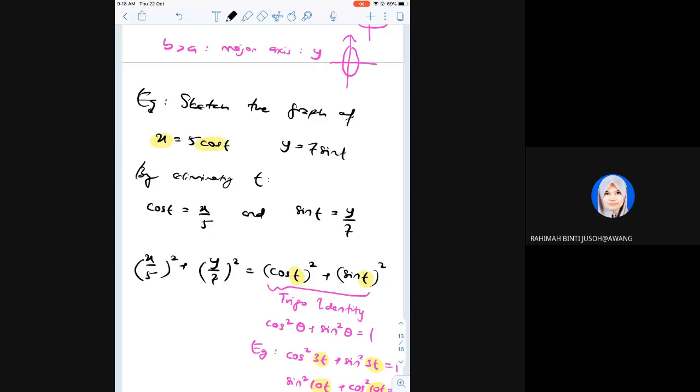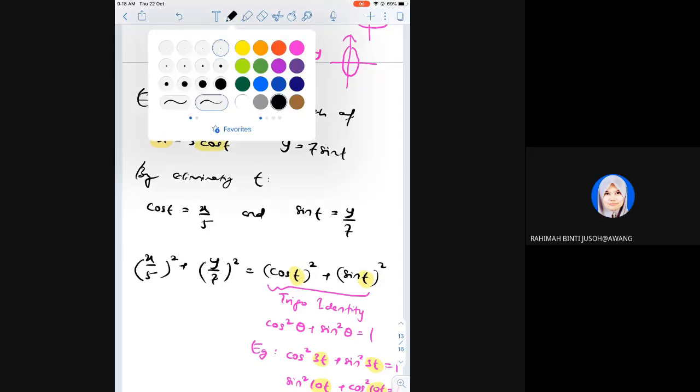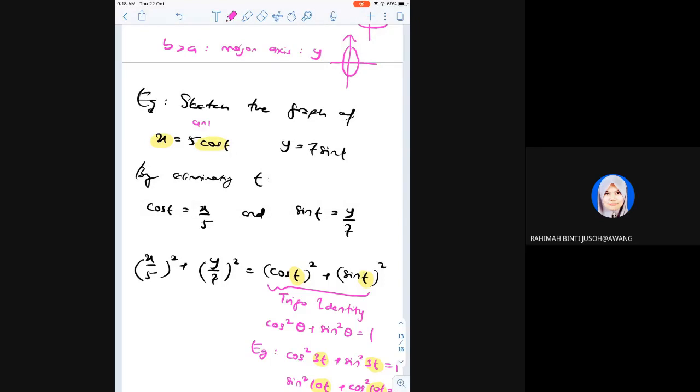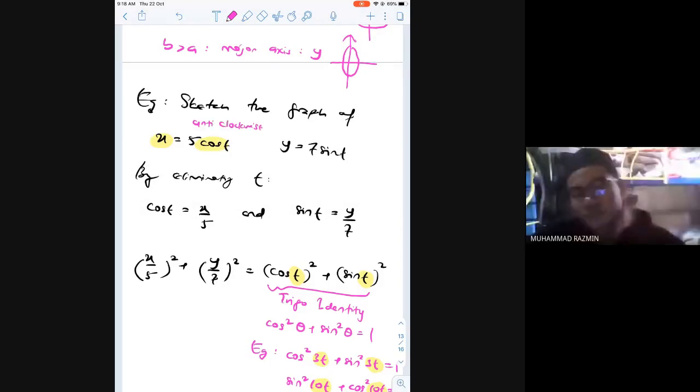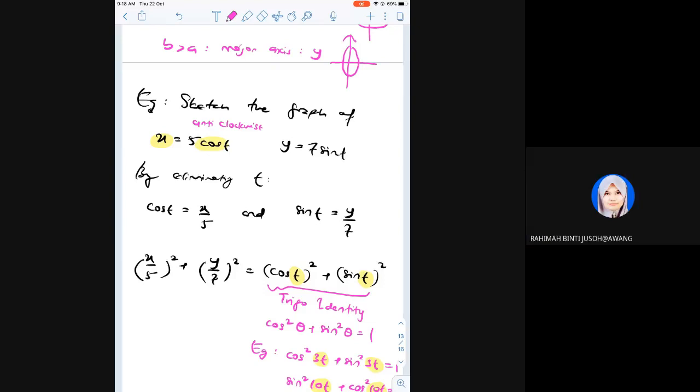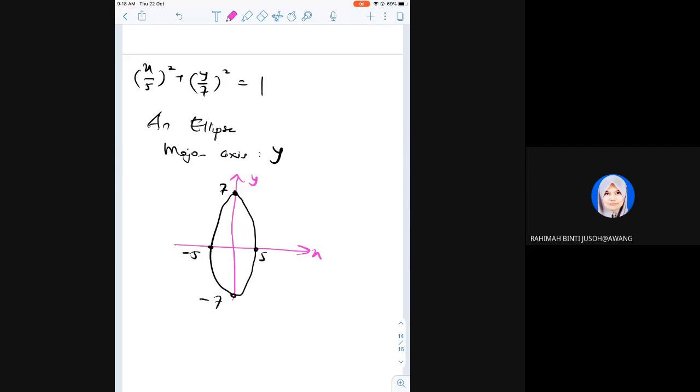X equals cos means anti-clockwise, provided both are positive: positive cos, positive sin. So we can apply this. If x equals cos, anti-clockwise, so you draw it like this, anti-clockwise. That's the orientation.